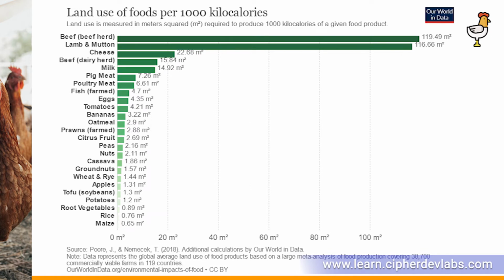Moving on, let's talk about the land use of foods per 1000 kilocalories. On top we have beef with 119.49 square meters. Next there's lamb and mutton with 116.66 square meters, and then we have cheese with 22.68 square meters.